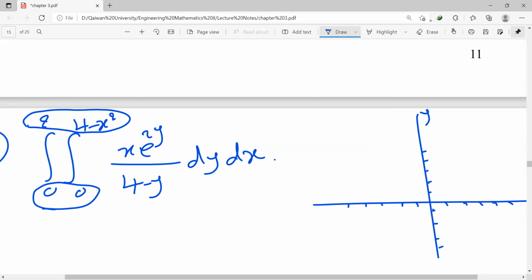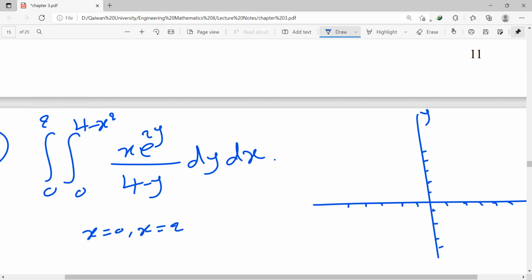Now, x is from 0 to 2. That means x equals 0 and x equals 2. From these two, we are going to draw their graphs.